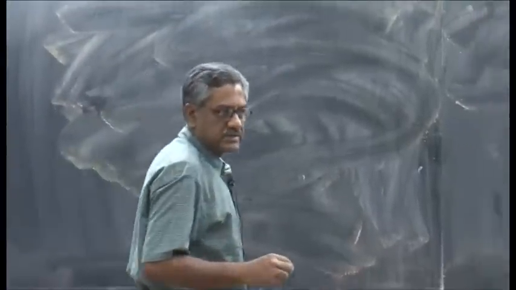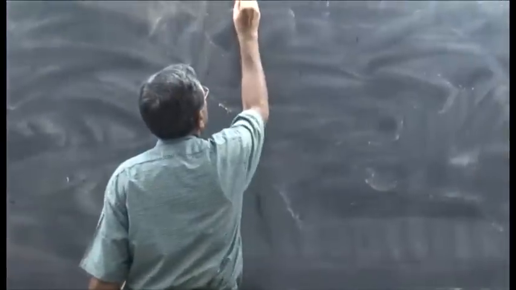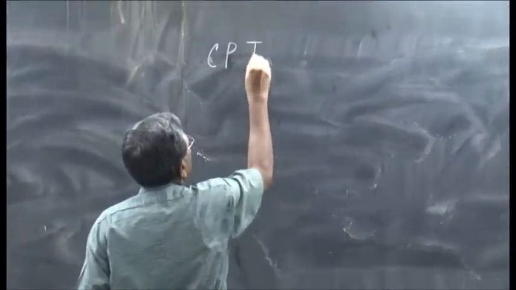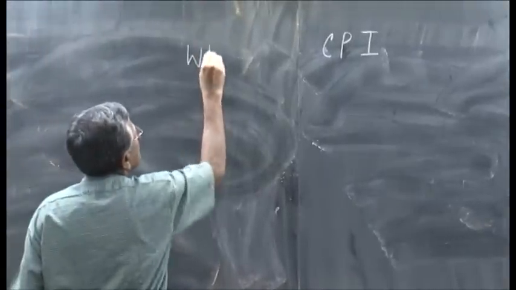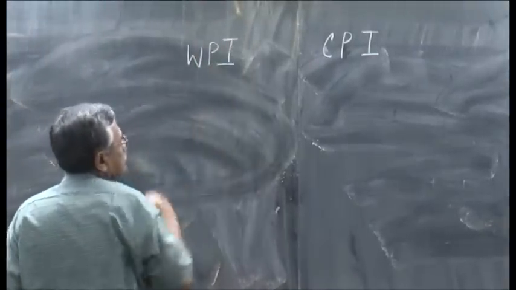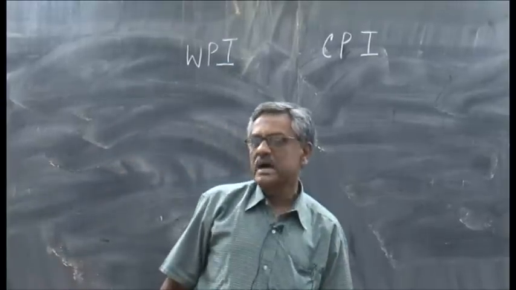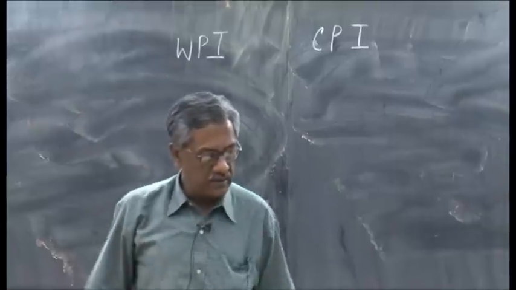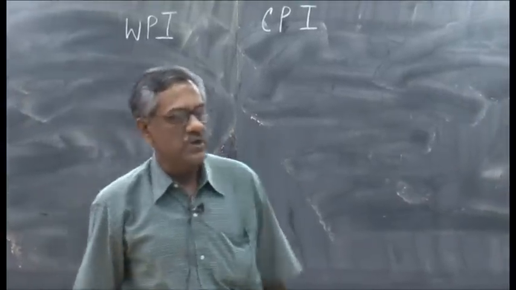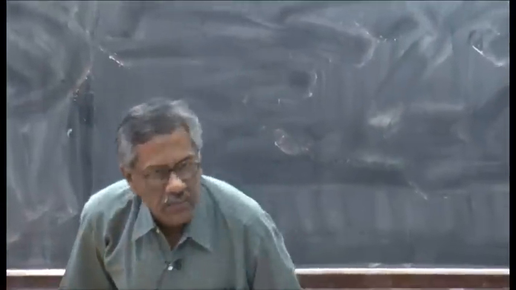So we are going to talk about now two most popular price indexes. One is CPI, and then I will talk about the other one, which is known as the WPI. Consumer price index, some economists say, actually doesn't just measure prices, it measures the cost of living of individuals.